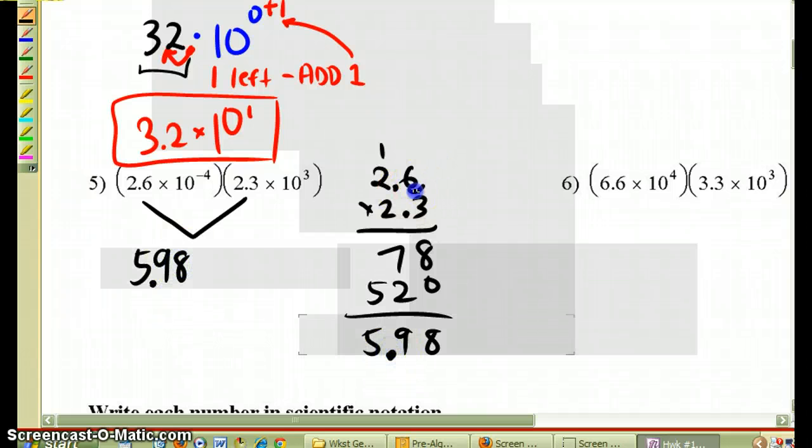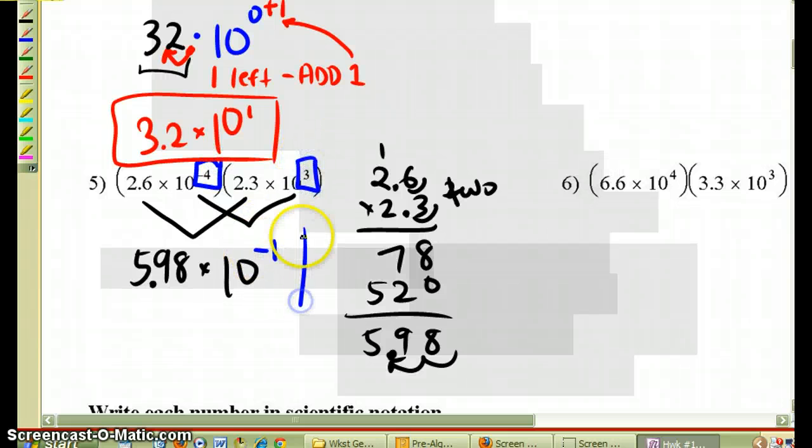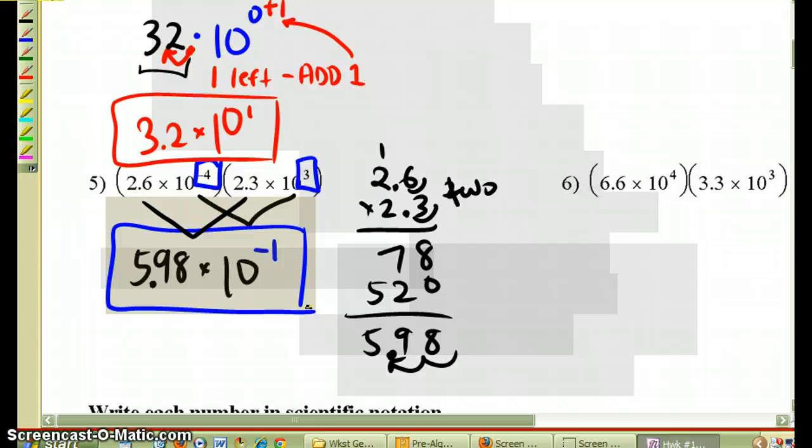Decimal goes there because there's 1, 2. There's 2, so I'm going to go 1, 2. That's how I get 5.98 times. I'm going to multiply the powers by adding the exponents negative 4 and positive 3, giving me negative 1. I don't need to change it anymore because it's already in scientific notation.